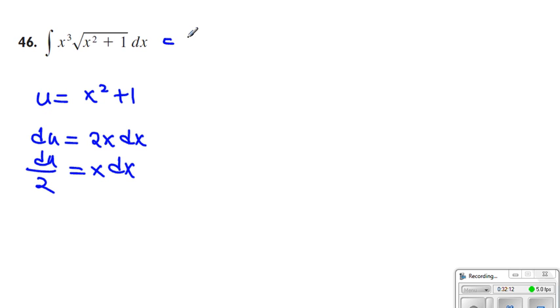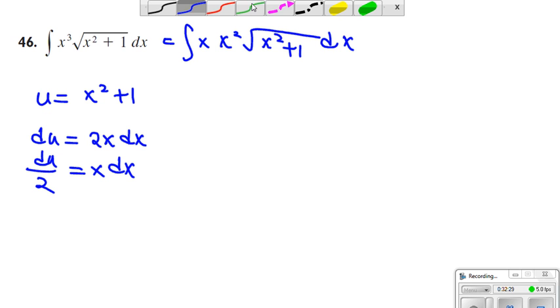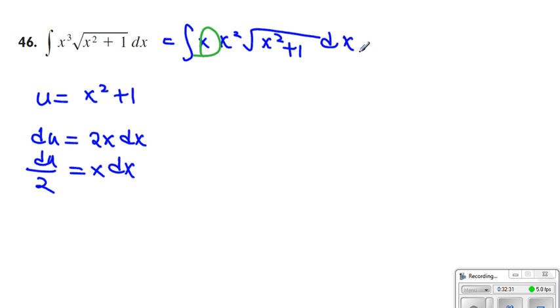Then if you have to start to put everything in, I'm going to just simply separate x to the 3rd power as x times x squared, square root of x squared plus 1, dx. Now with x dx, it becomes du. So what we end up getting is this: x squared is equal to u minus 1, times square root of u du.